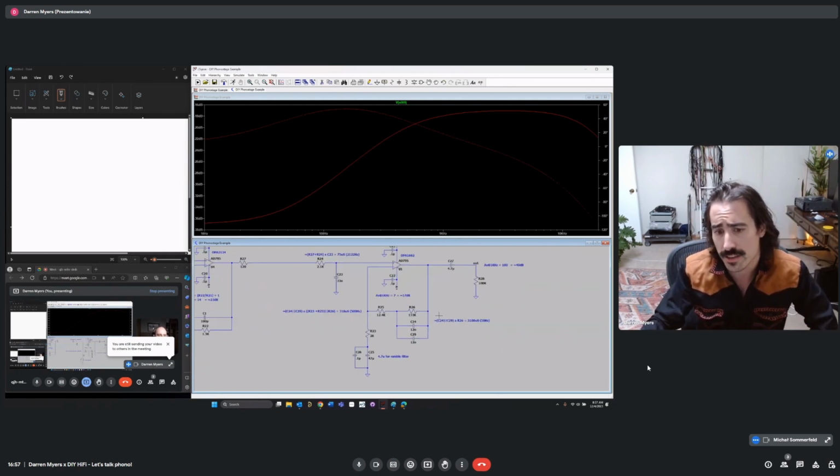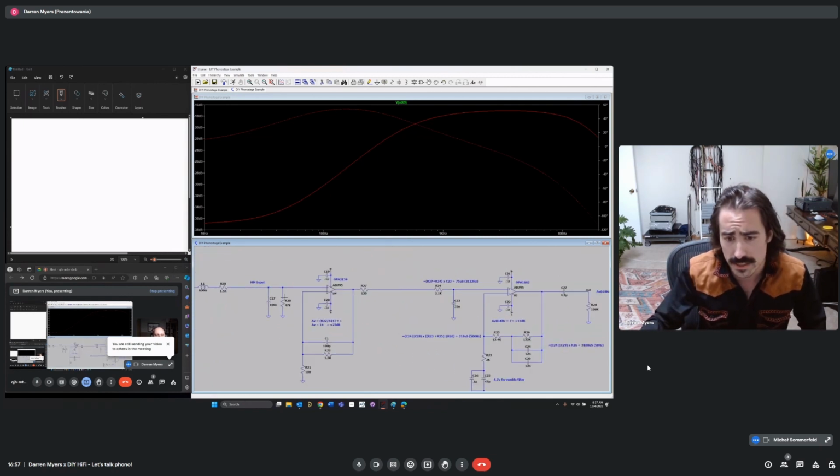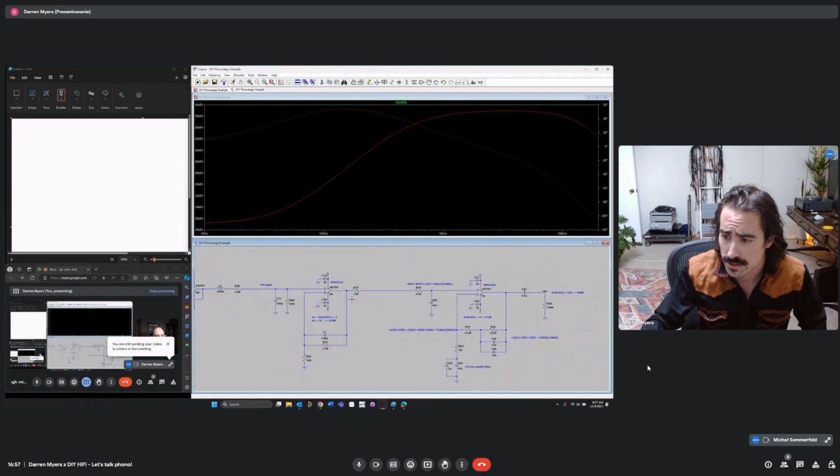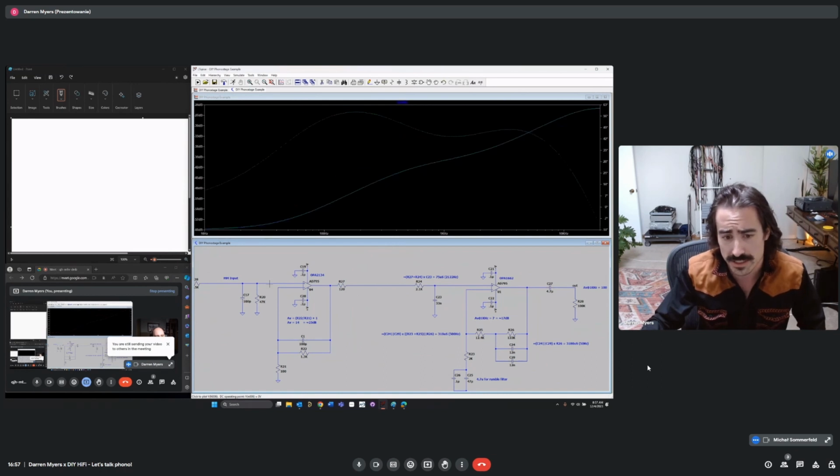Now, another thing we have to worry about with phono stages is DC gain. Because you're going to have DC offsets and parasitic DC behavior with these amplifiers. And so on the input here, you're going to have some offset for your amplifier.